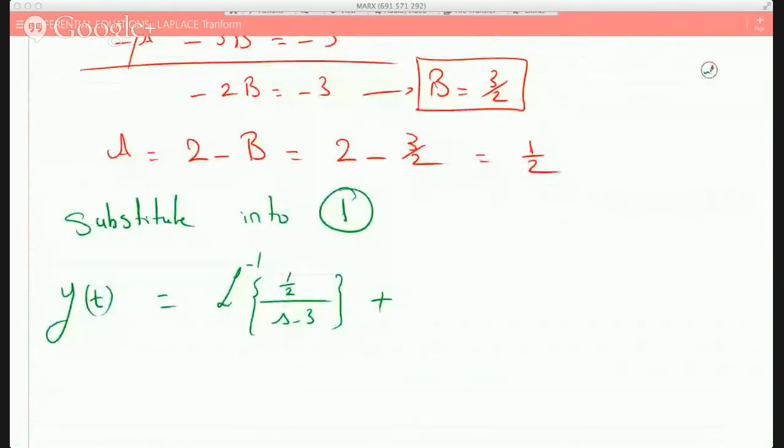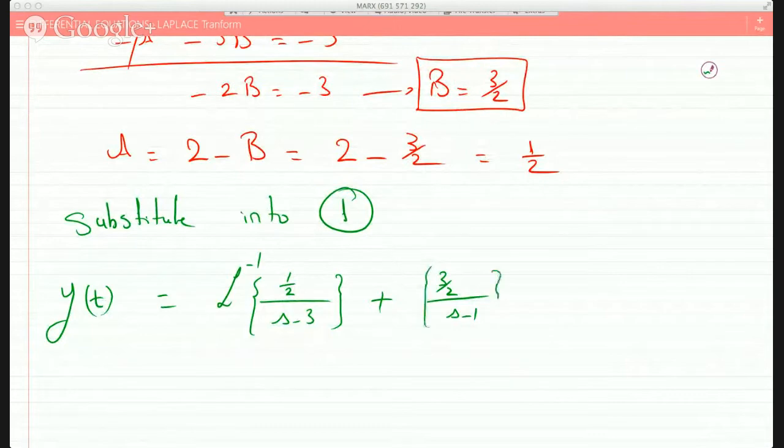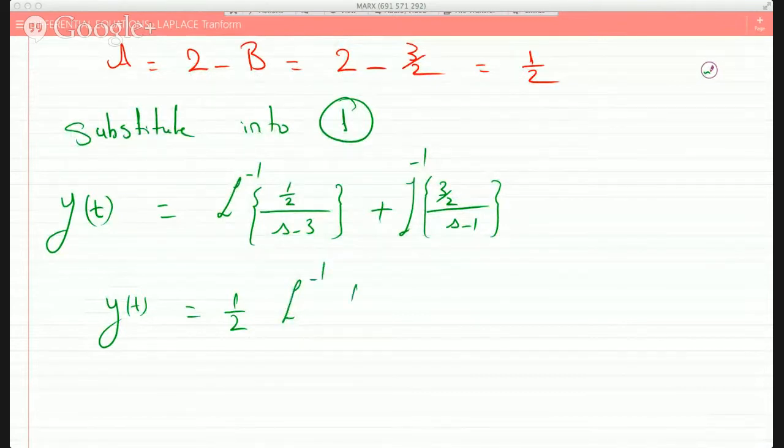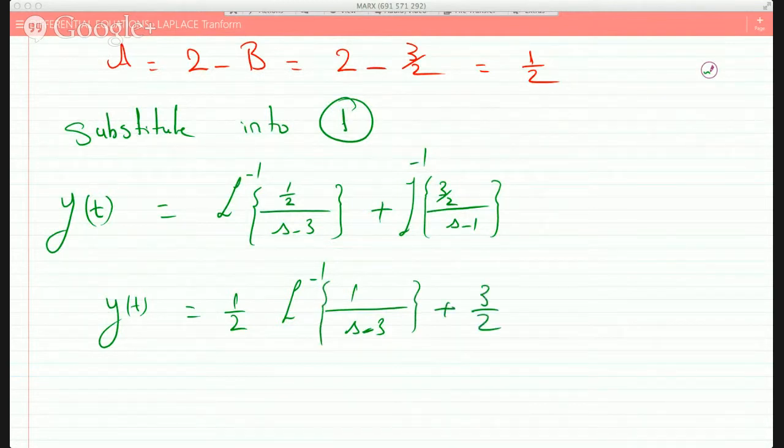So b is 3/2 over s minus 1, and we're going to take the inverse Laplace of that. Now, half is just a constant, so it comes out. Inverse Laplace of 1 over s minus 3. And 3/2 is a constant, it comes out. Inverse Laplace of 1 over s minus 1.